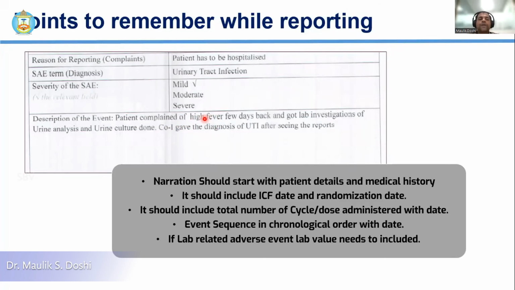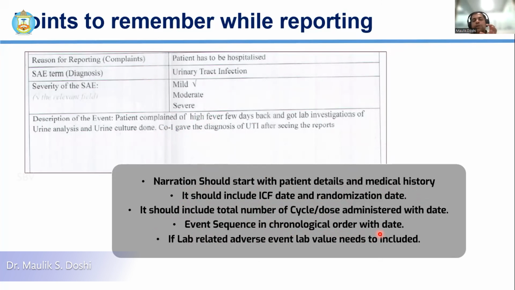So how should you write the description? The narrative should start with patient details first and the medical history. Then it should include when the patient was consented, when he or she was randomized, and how many doses were given till date. Then you mention each event in chronological order with the date, like when the patient came for follow-up, he was all right. Then the patient came for the second follow-up, he was also all right.